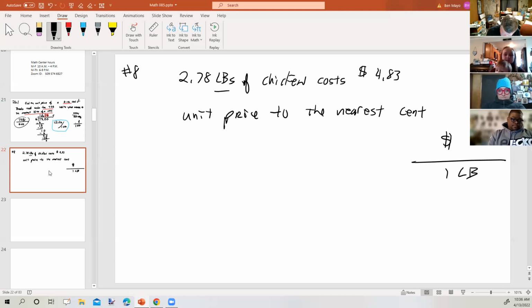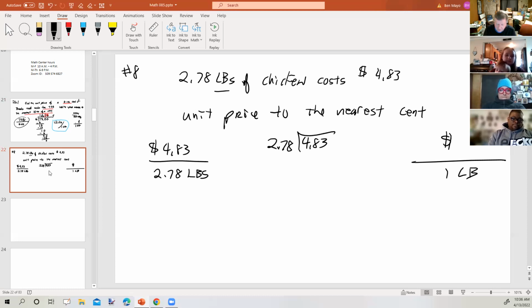So money's on top: 4.83 divided by 2.78 pounds. So we're going to take 4.83 divided by 2.78. Now, I want to point out something. Let's go back for a minute. Yesterday, we did something like this.